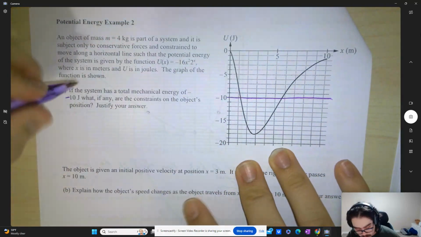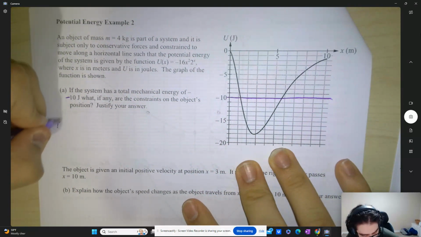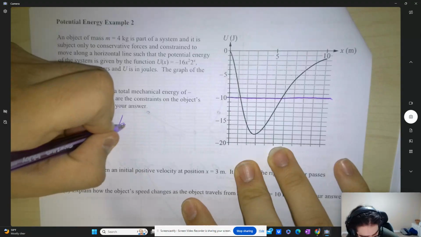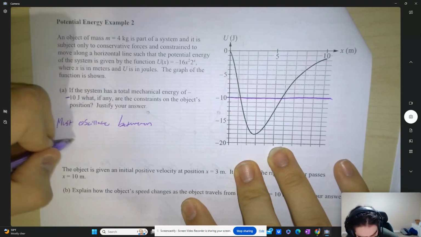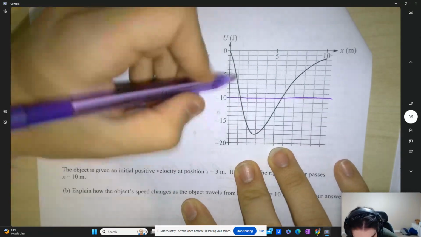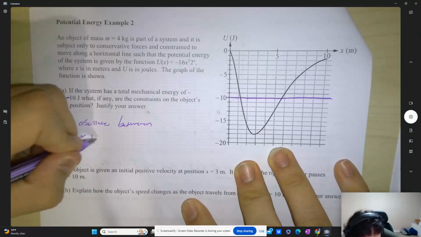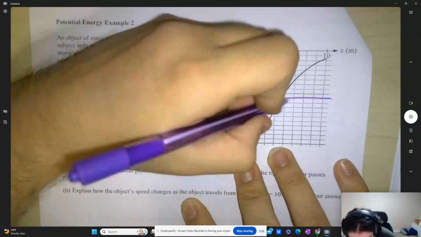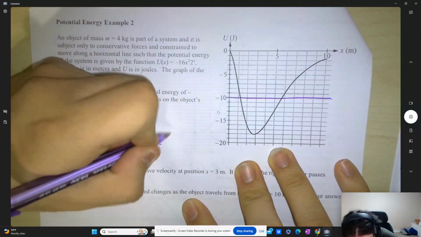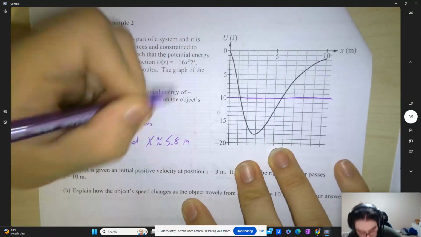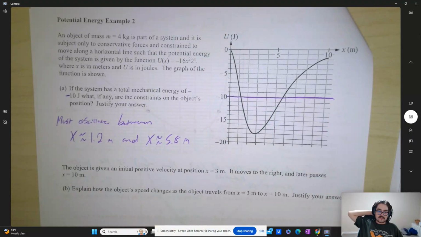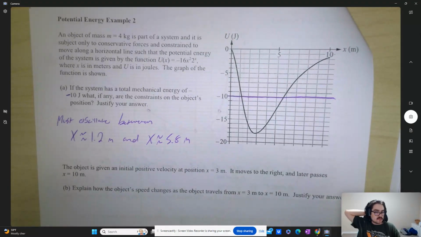So it must oscillate between x about equal to 1.2 and x about equal to 5.8 meters. Those are just estimations based upon where that intersection occurs. So it's going to oscillate between those two points. It's probably not exact, but it's not a huge deal.